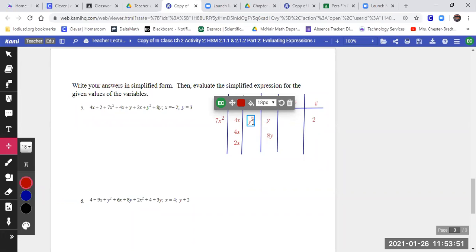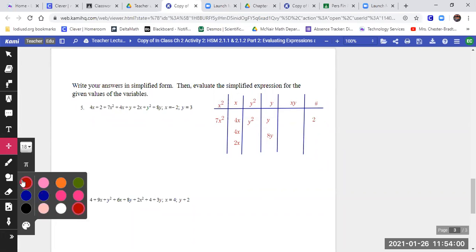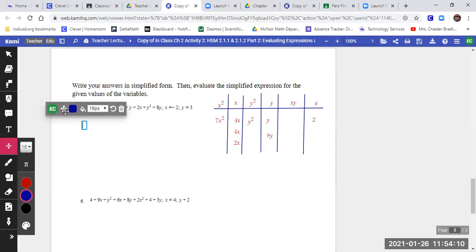It's a waste. Okay, so we've got our things rearranged on the table. We're going to get our simplified expression from it. So reading the table from left to right, what am I going to say my equation says now that I've simplified it?